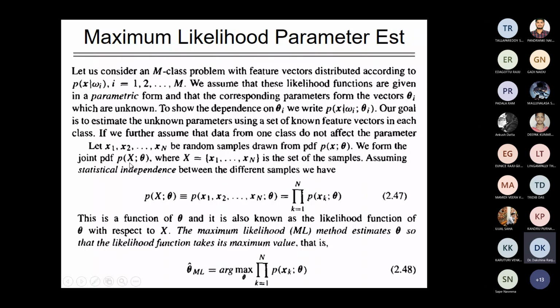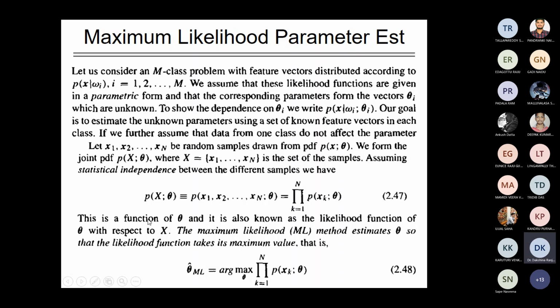Here X may contain n points, x1 to xn, so X is a set of samples. We can assume that these samples are statistically independent of each other.